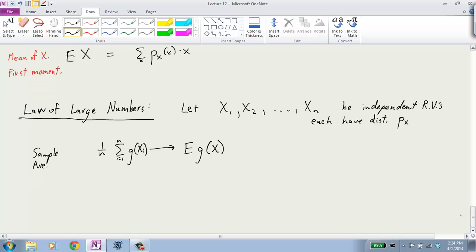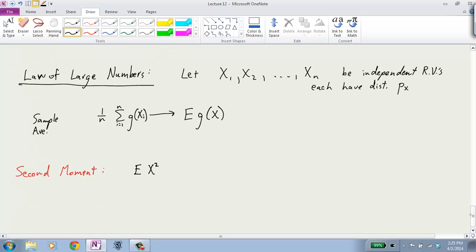Okay. We have some other moments we care about besides this first moment. Let's look at the second moment here. That means that's the expected value of x squared. We call that the second moment of a distribution, whereas the expected value of x was the first moment. Now, why is this important?